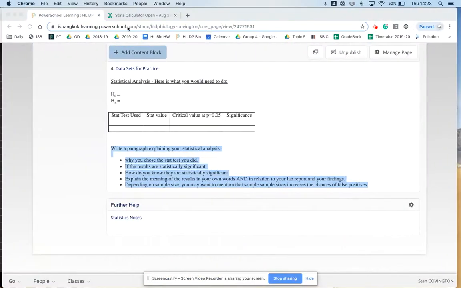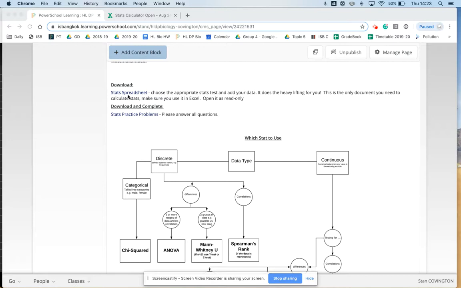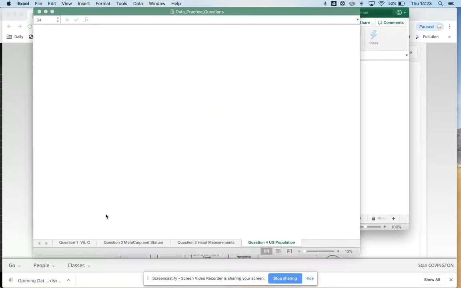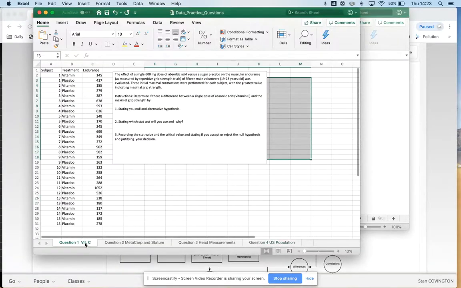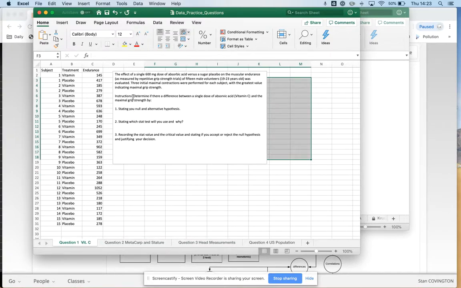Okay, so what I would like you to try to do now is download the spreadsheet. Remember, open it as read-only. And then I want you to download these practice problems. Now, when you download these, there's 4 questions at the bottom tabs here, okay? And it says, this one is determine if there's a difference between a single dose of ascorbic acid, vitamin C, and the maximal grip strength, okay? And it describes a little bit here.